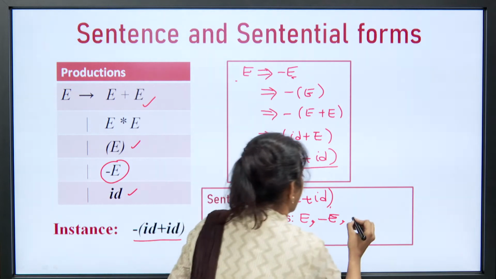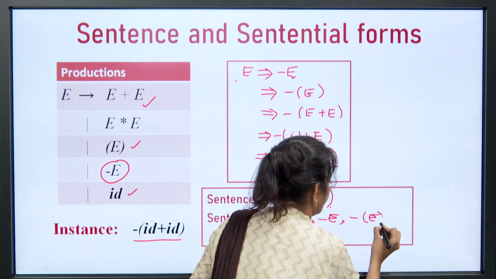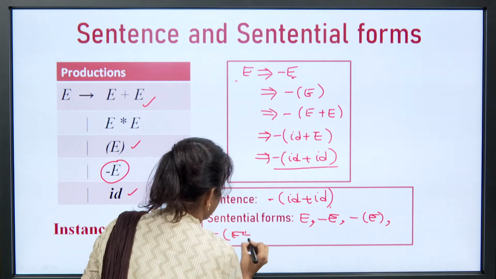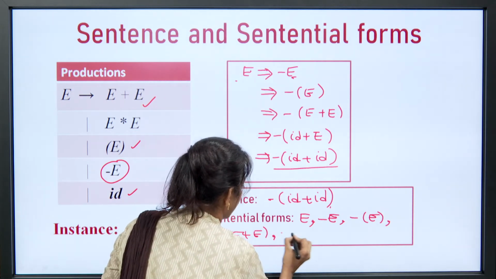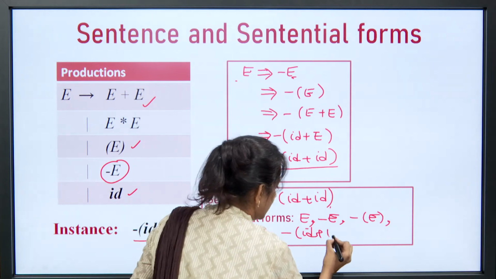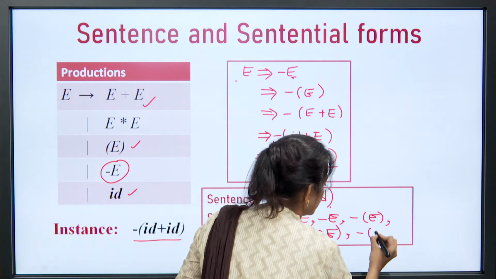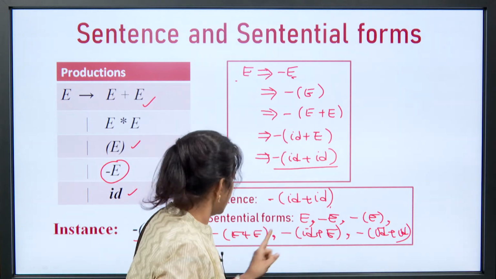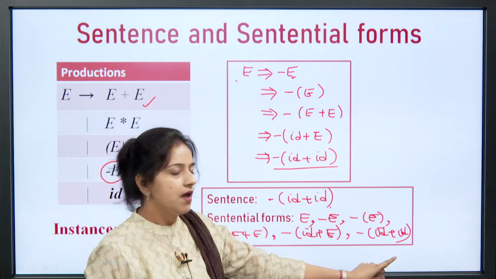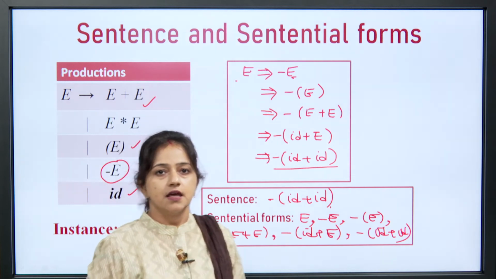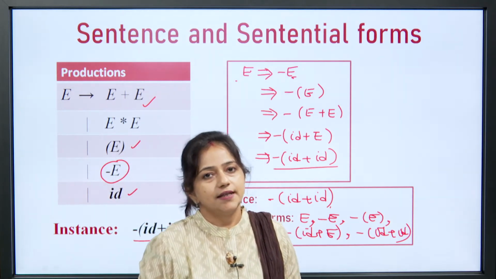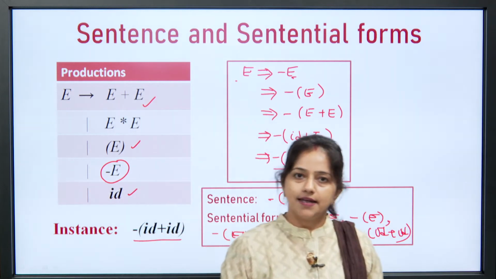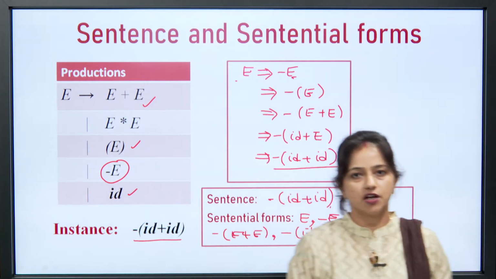Next is minus and parenthesization of E, next is minus E plus E, next is minus id plus E, and next is minus id plus id. So, these are all sentential forms, while this is the sentence. When we obtain the derivation, we can obtain the sentence as well as the sentential forms.